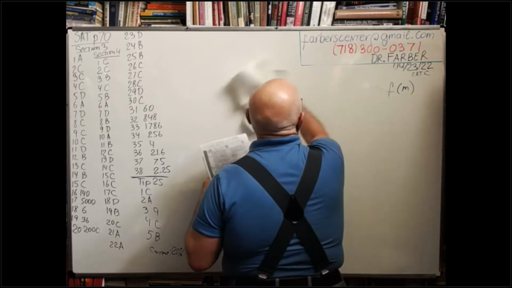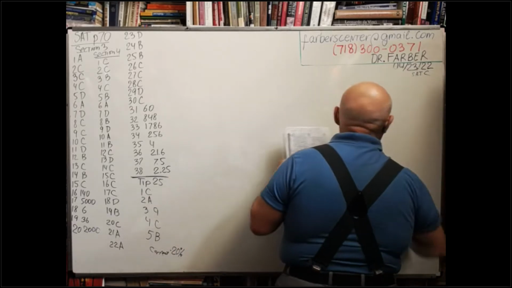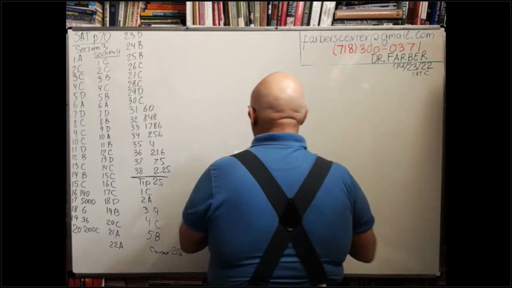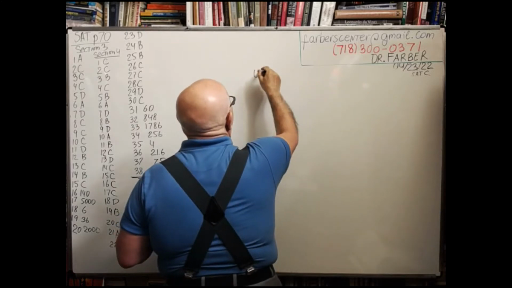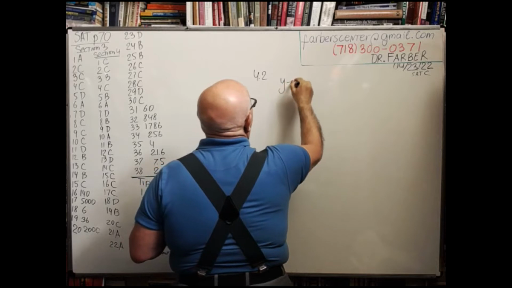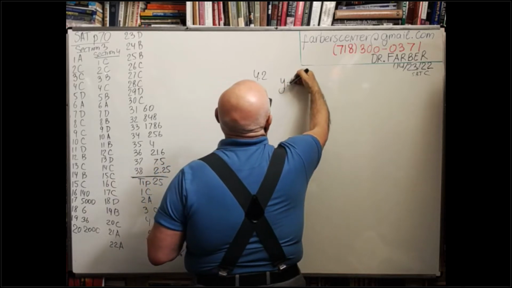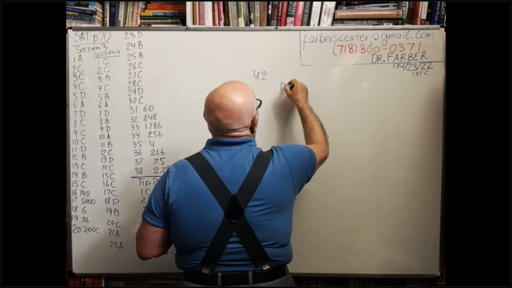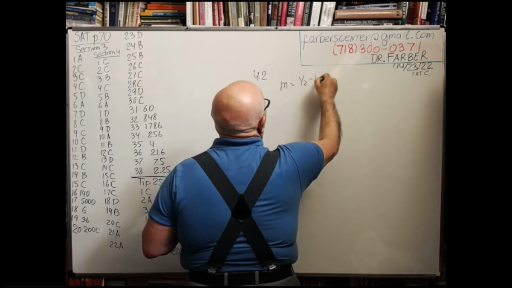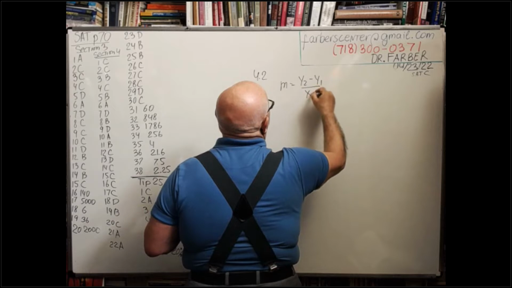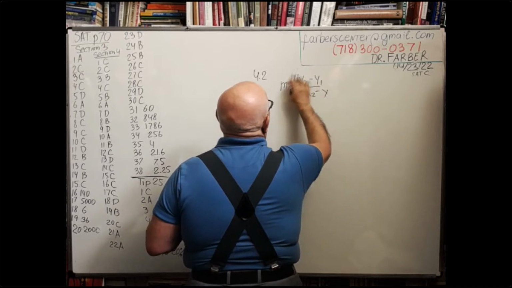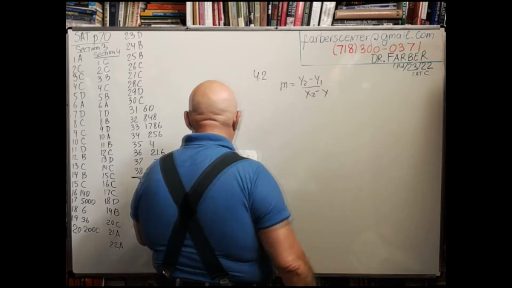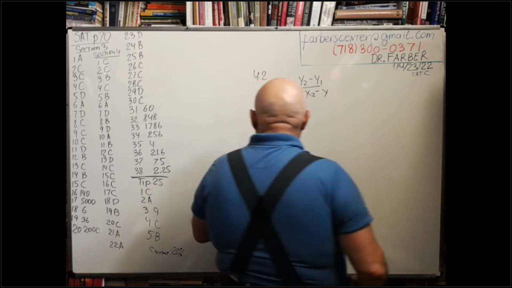Nice eating, Theodore. And let's see what we have. I will not write y equals, it's general. I write the slope formula: y2 minus y1 over x2 minus x1. Incorporate the data we have here.